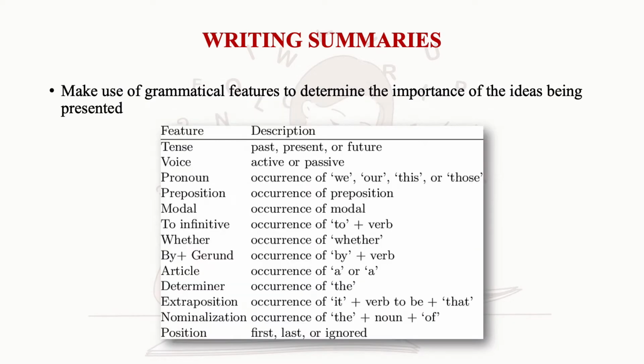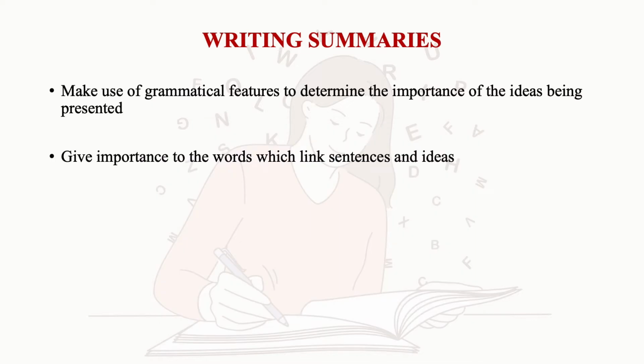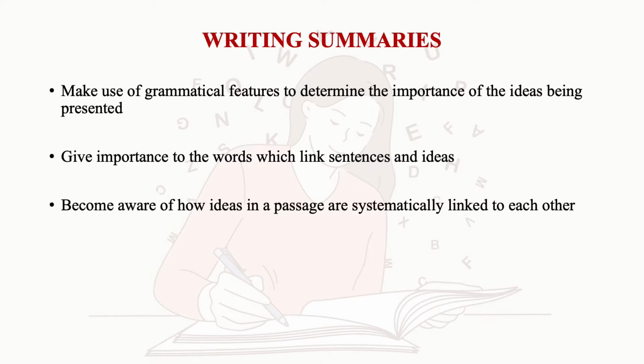We make use of grammatical features to determine the importance of the ideas being presented. We give importance to the words which link sentences and ideas. We become aware of how ideas in a passage are systematically linked to each other.